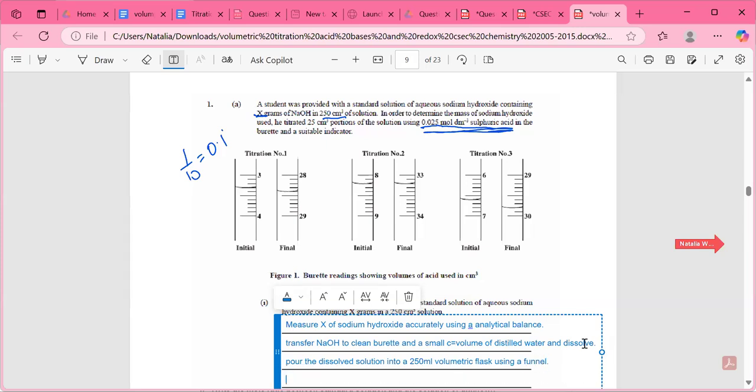Then we're going to rinse the beaker with some more distilled water. Then we're going to rinse the funnel. Some amount of sodium hydroxide will be left in the beaker, so you're going to add some more distilled water to rinse the beaker and pour into the volumetric flask.